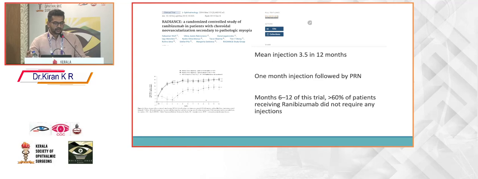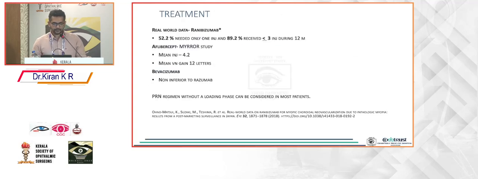RADIANCE is a randomized controlled study done with ranibizumab in myopic CNVM. They found a mean improvement of 10 letters, and what's striking was the mean number of injections needed was only 3.5, and they followed a strategy of 1 injection followed by PRN without any loading dosage. And in the study, from month 6 to 12, more than 60% of the patients receiving ranibizumab did not receive any injections.